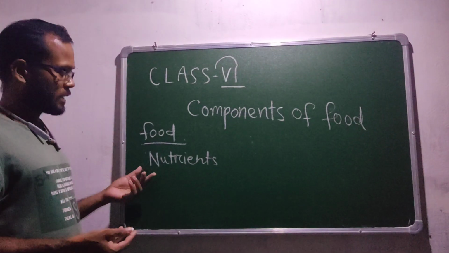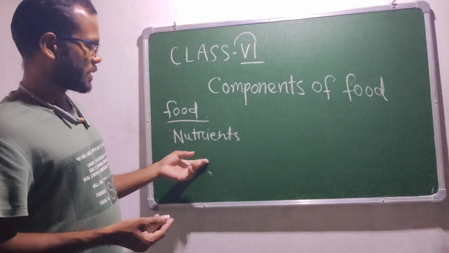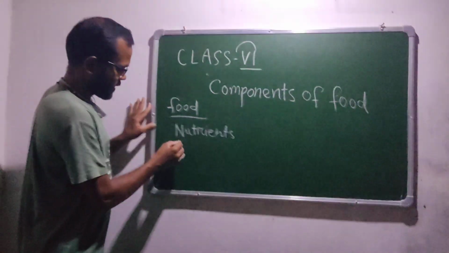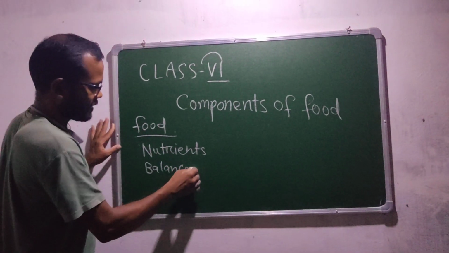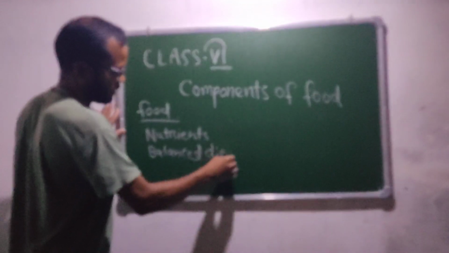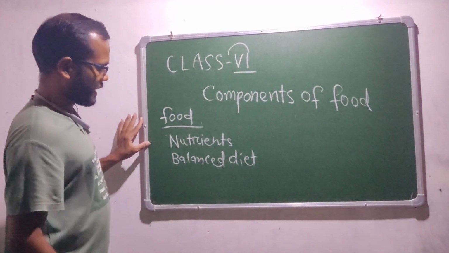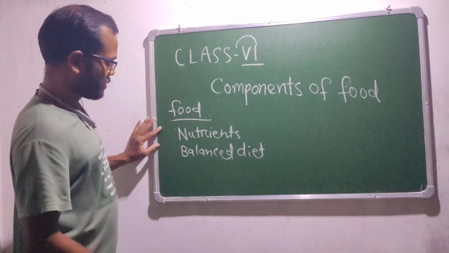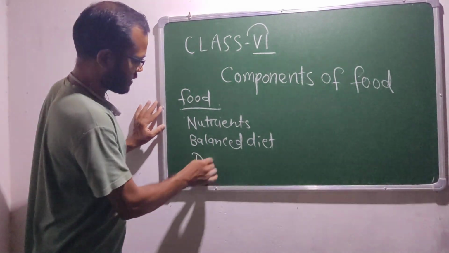As you all know, the types of nutrients are carbohydrates, fats, proteins, vitamins and minerals. Then we are going to discuss the balanced diet: what is diet and what is a balanced diet. At last we are going to discuss deficiency diseases.